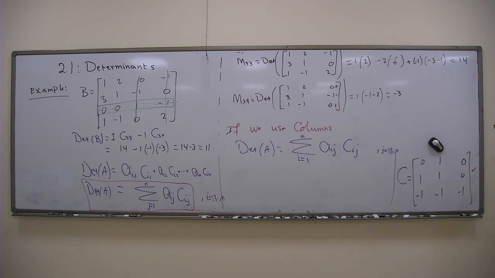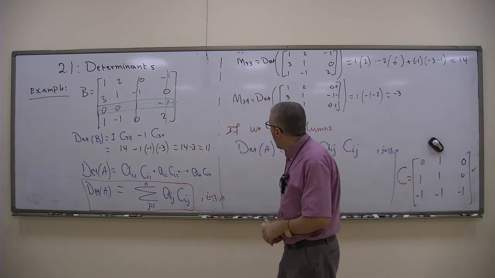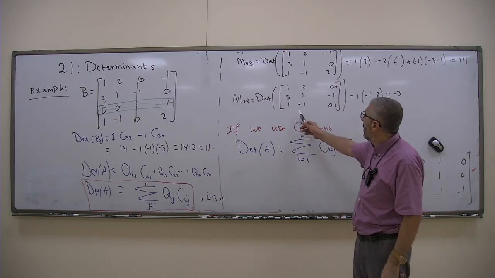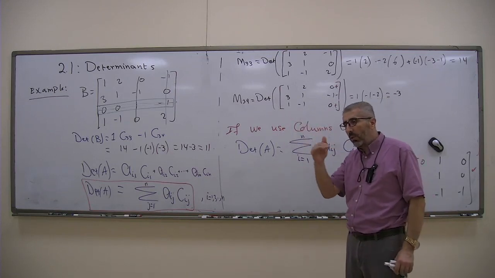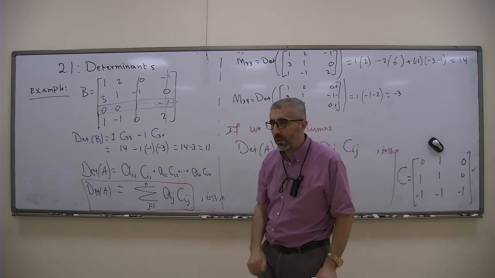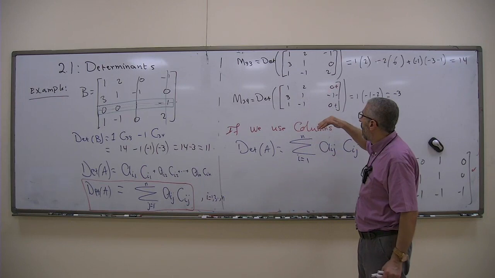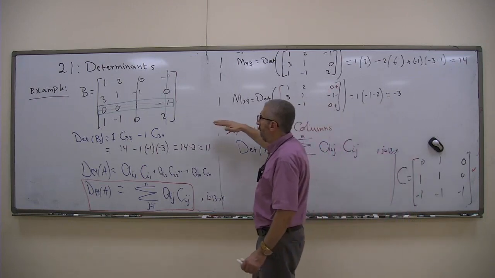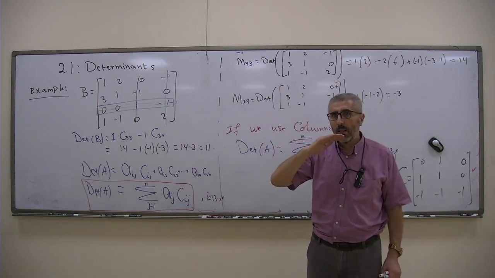There are easy observations that will help us to do things fast. As I said, if you have more zeros in one of the rows or the columns, then you can focus on that and use that particular row or particular column, okay? And right away, you can see here, if you have a row of zeros, all of it zeros, then right away, the determinant is 0.